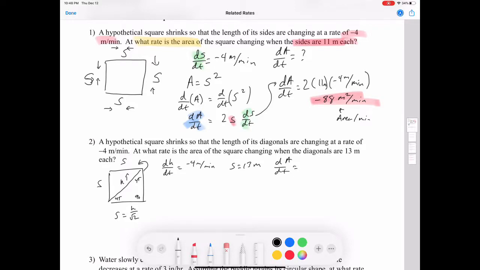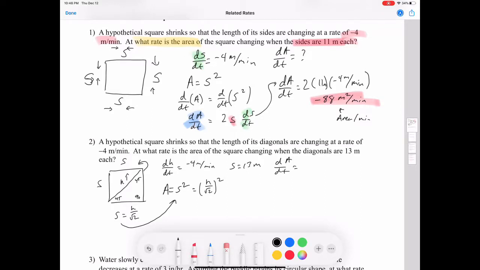And we're going to go ahead and take the derivative with, well, let's write our area equation. Area is equal to s squared, in which case each of those s's is h over square root of 2. So we can rewrite this as h over square root of 2, squared.